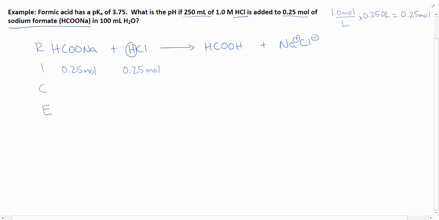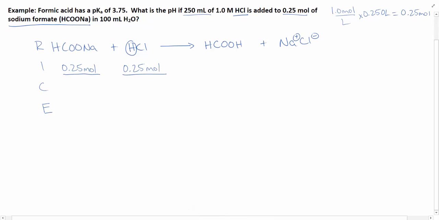Now this strong acid is going to react as much as it possibly can, and so there are 0.25 moles of weak base and 0.25 moles of strong acid, so all of the strong acid can react. So we're going to have minus 0.25 moles here, which means that it will react with all of this weak conjugate base, so minus 0.25 moles.